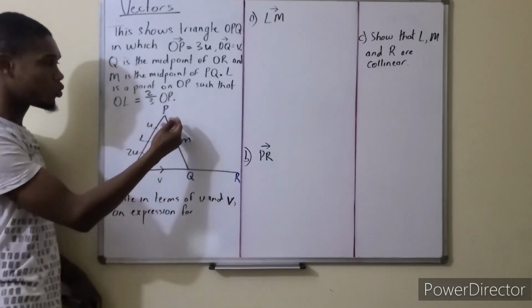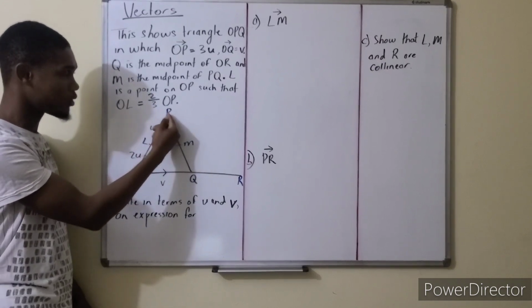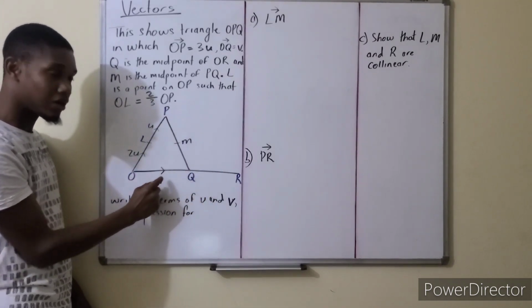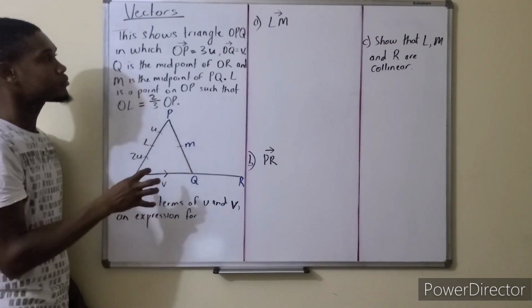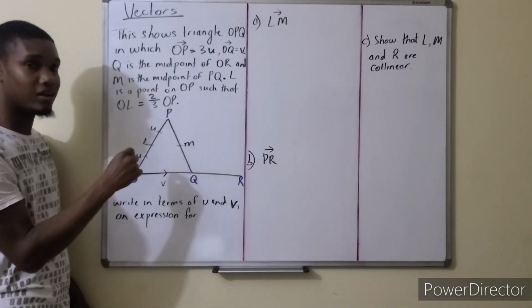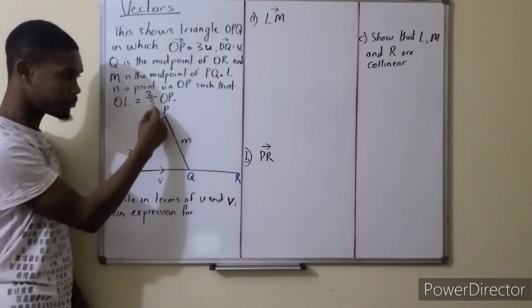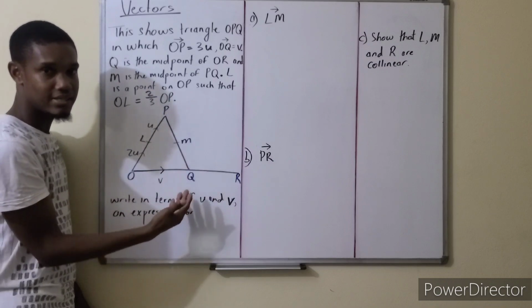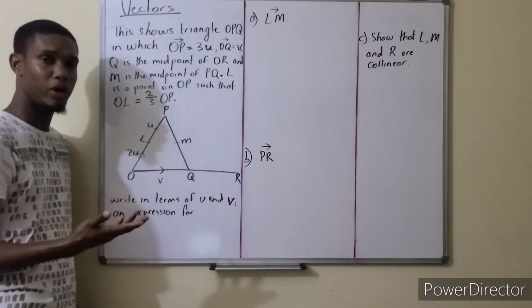You would have to go the path that you know, which has the arrows and has values. So you'd have to move from P to O, O to Q, because those sides have values and they have arrows. In this case, you're moving from L to M, but M is the midpoint of PQ, and you don't know the length of PQ to take the midpoint of it, since midpoint means half.